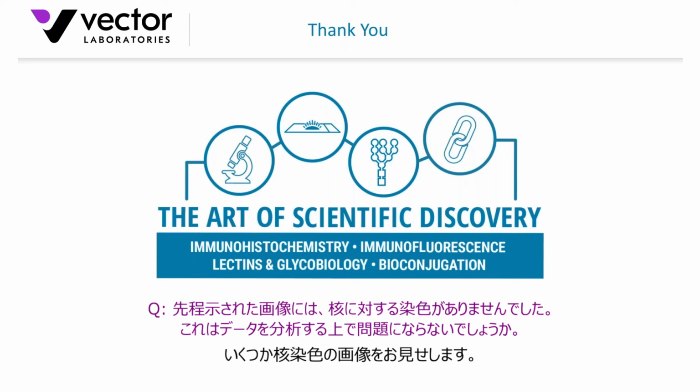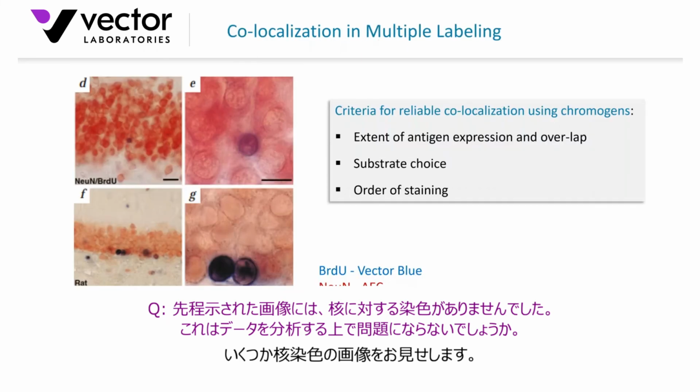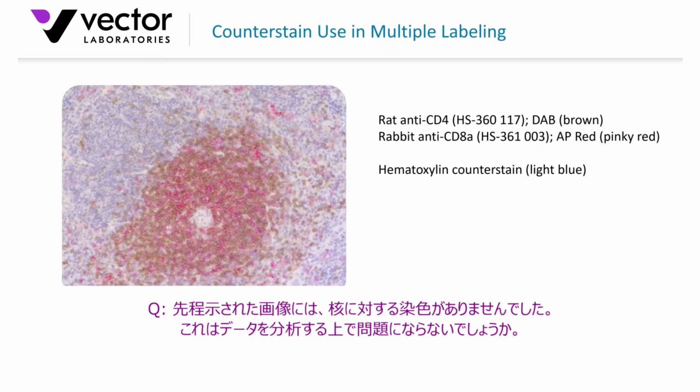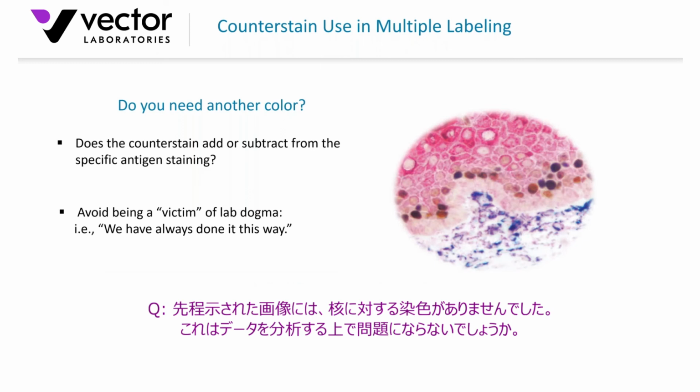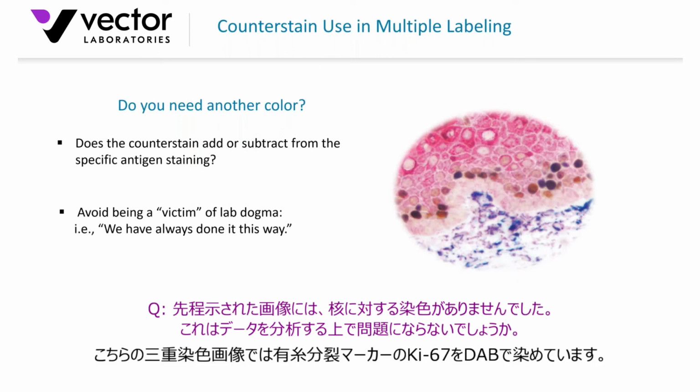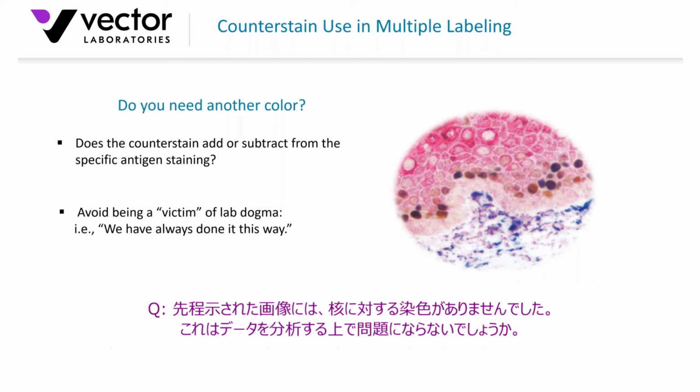So I did provide some examples of nuclear staining. Well, there's one for BrdU, and I'll go back here. So here was a triple label, hopefully you guys can see that. This is DAB triple label. This is the Ki67, a mitotic marker.